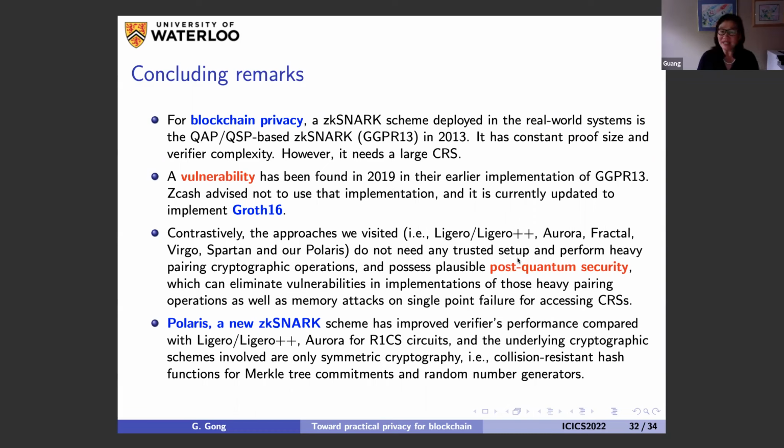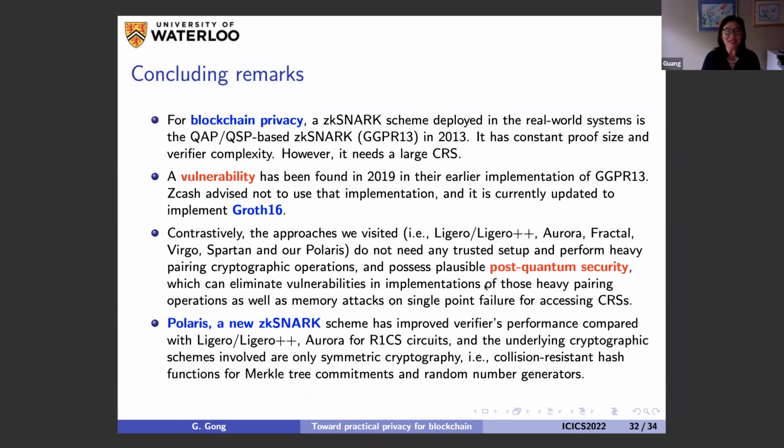And for the other schemes, like Ligero or Aurora Fractal, they do not need a trusted setup, and they do not need to perform heavy pairing crypto operations. And possibly they also have plausible post-quantum security, because they do not rely on any hard computational problems.